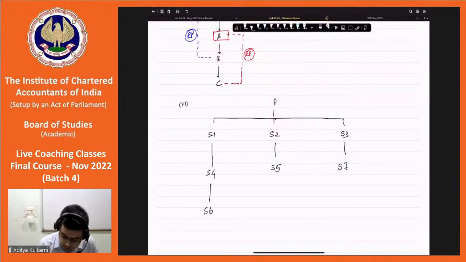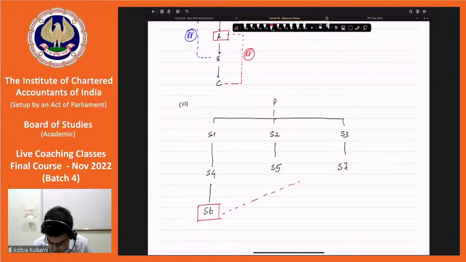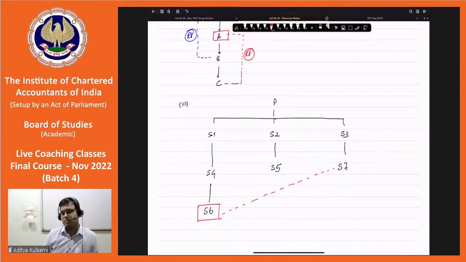So now tell me, you are preparing S6's balance sheet. Is S7 related to S6?